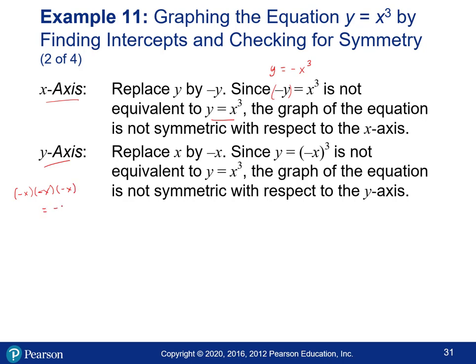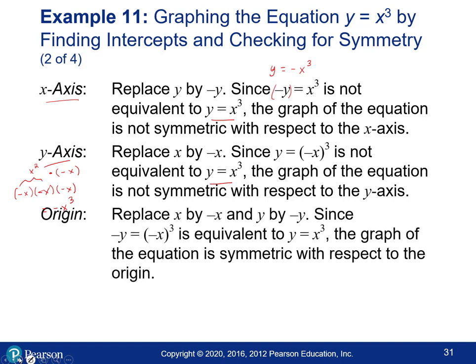So this is negative x cubed. I said it out loud, but let me just show you. These two become positive x squared, but when you multiply them by another negative, that makes the answer negative. So negative x cubed. The point is to recognize that this is not the same as the original, and so there's no y-axis symmetry.